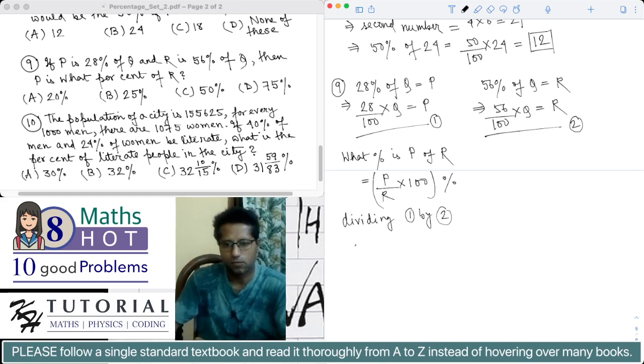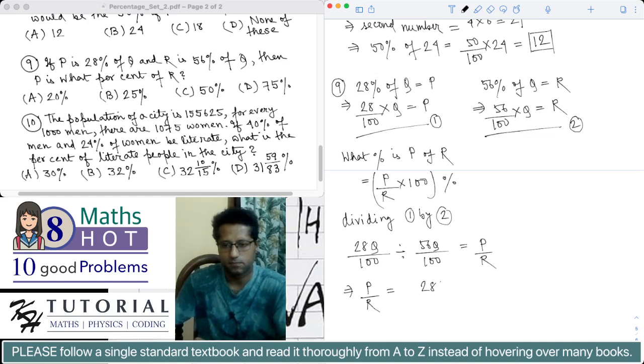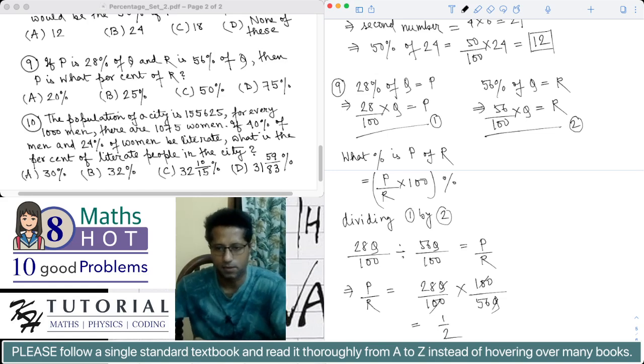We get 28 Q by 100 divided by 56 Q by 100 is equal to P by R. So this implies P by R is equal to 28 Q by 100 multiplied by 100 by 56 Q. This is equal to 100 cancels out, Q cancels out, and we have 1 by 2. So P by R is 1 by 2.